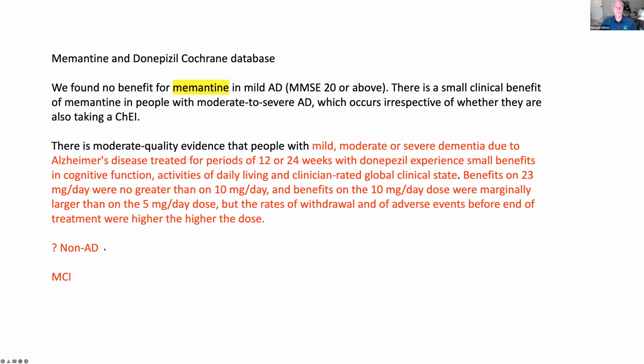The data suggests that they don't work in non-AD dementias, but they really don't work in AD dementias too. But I already told you, you can't tell them apart. So we use them on pretty much everybody. And the data that any of them work in patients with mild cognitive impairment is non-existent.